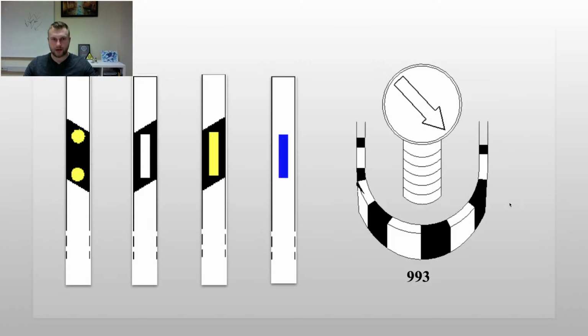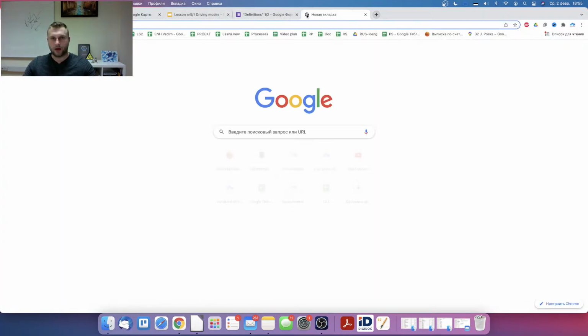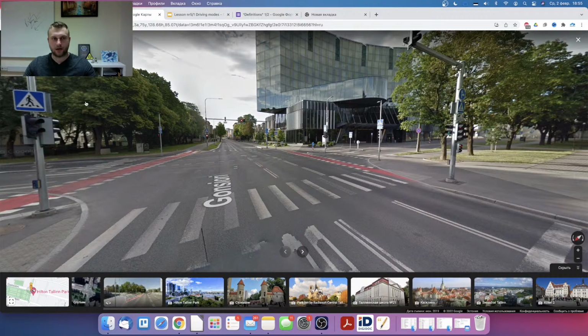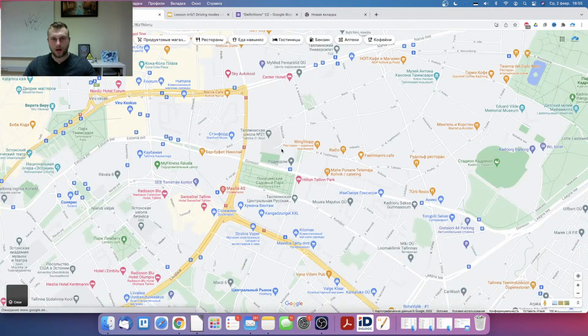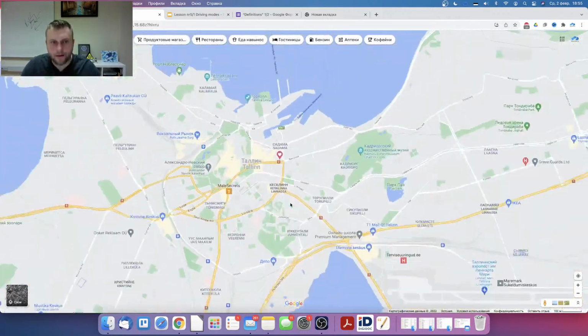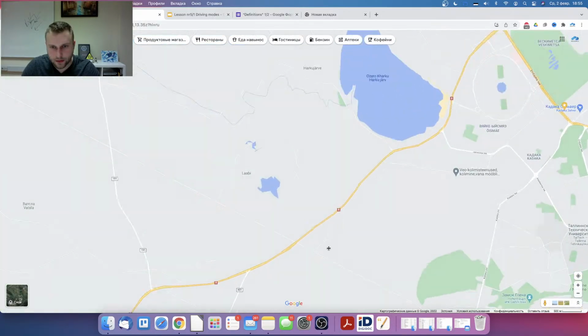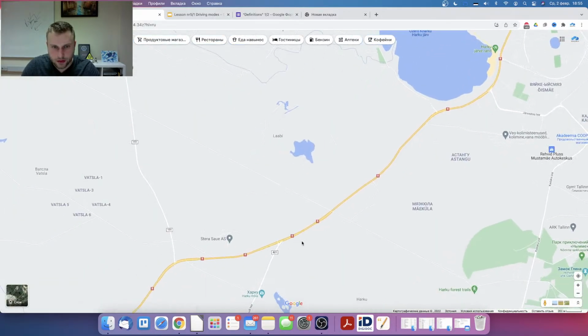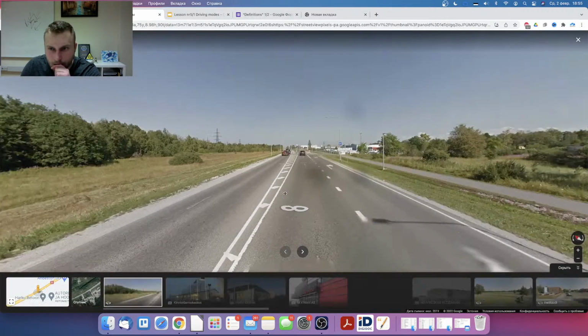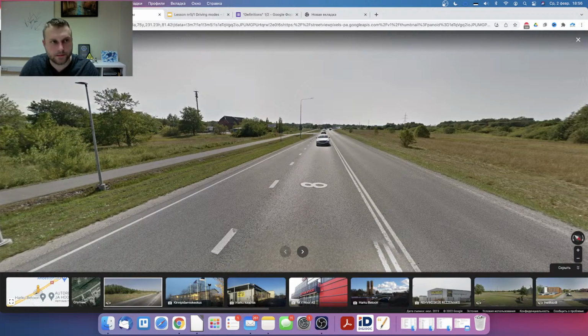I want to show you the example actually. Let's take any road on the highway. For example, this one. Okay, not here.